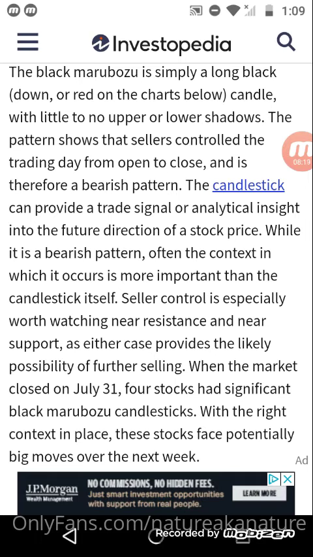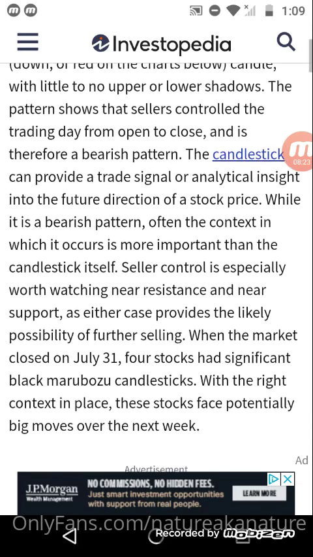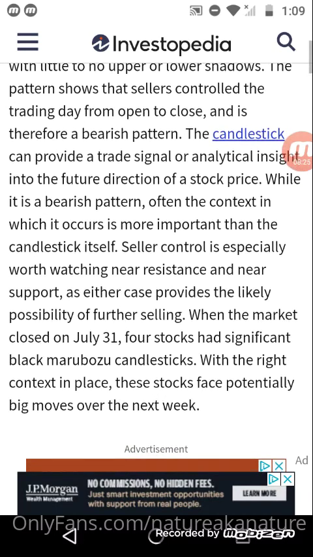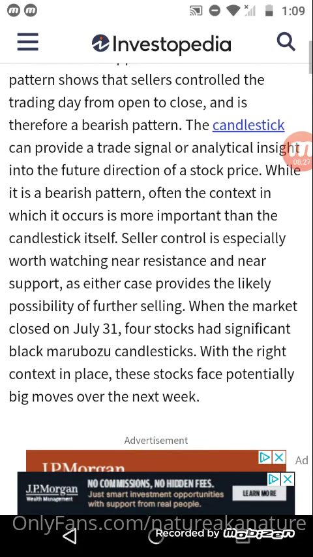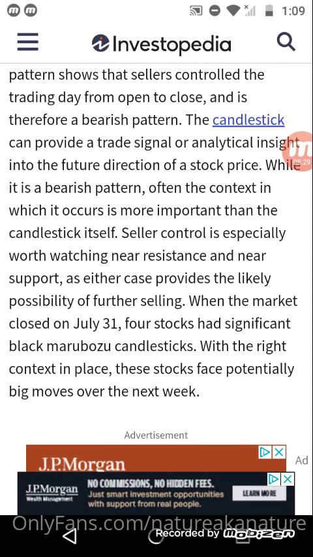The candlestick can provide a trade signal or analytical insight into the future direction of price. While it's a bearish pattern, the context in which it occurs is more important than the candlestick itself. Sellers' control is especially worth watching near resistance and support.